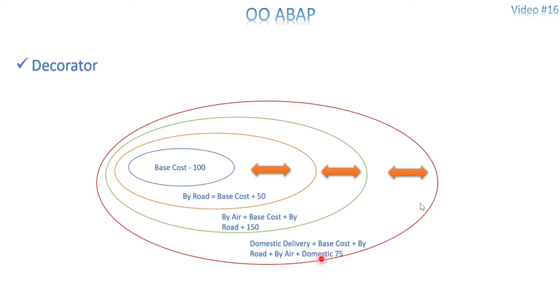Mostly whenever we are learning a new concept, we always compare it with the previous concepts I know. Inheritance I know, so why can't we achieve this with inheritance, with an interface, or some other concept in object oriented ABAP? Yes, you can think about it. But before that, make sure you understand why this new concept is designed.